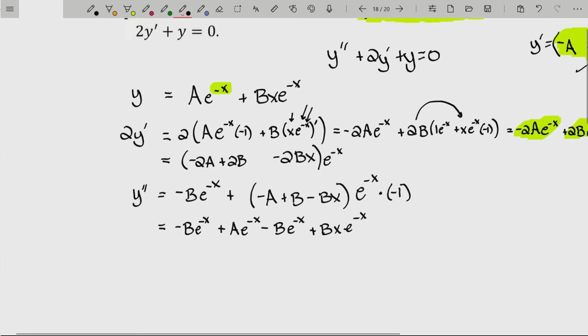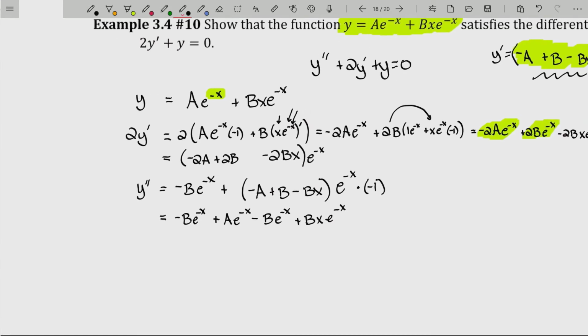All right. Now what I'm going to do is add y and 2y prime and y double prime. Let me highlight that. I want a different highlighter. I'm going to add them up, and when I do that, I'm going to collect like terms. That's what we've done all along with differential equations.